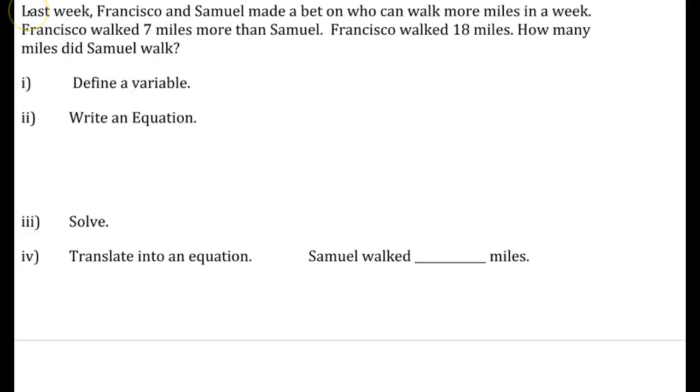You guys read this one, tell me what you think the variable should be. What does this variable stand for? Write it out. Define the variable.